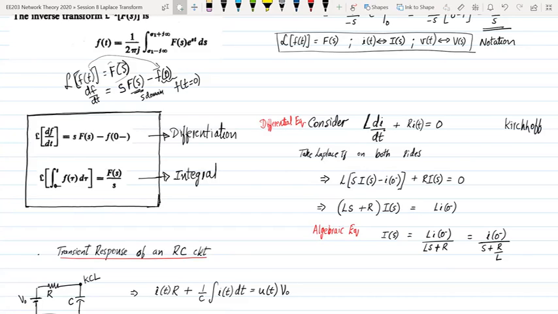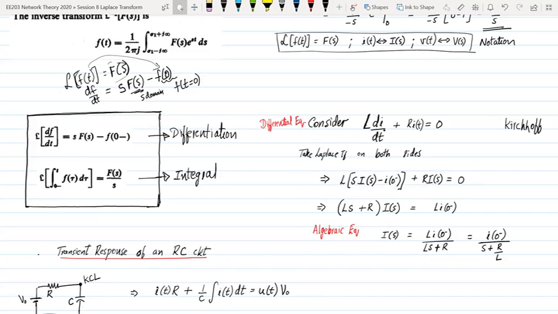R is a number which came out. L is a number which came out. And di by dt has become s times I of s minus I of 0, which is the original condition. Now see, the whole differential equation is gone. It has become a simple equation where wherever you had a differentiation, it has got a prefactor s.